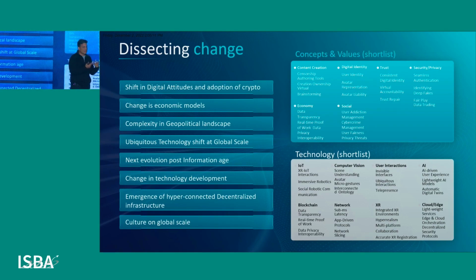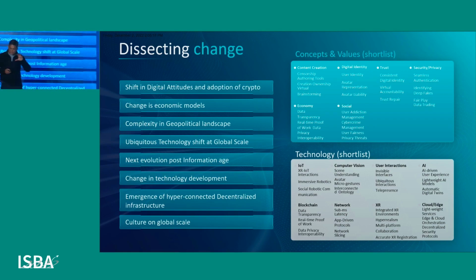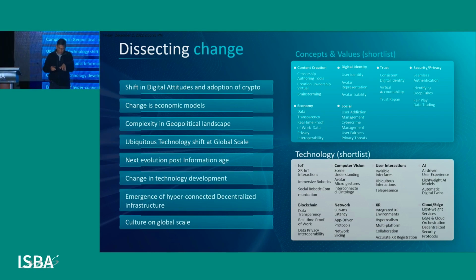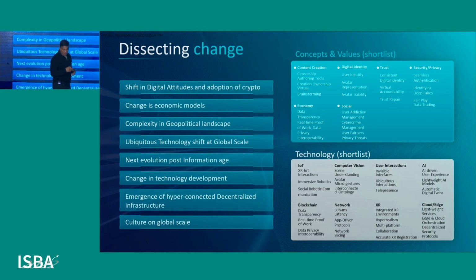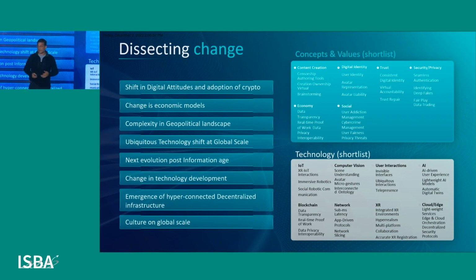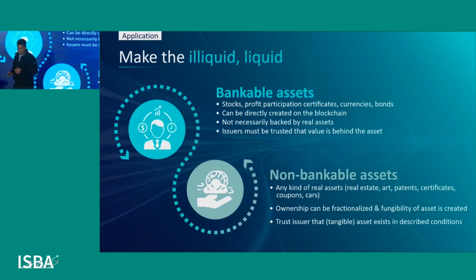So that's driving some of these changes, along with the complex geopolitical landscapes that go with it. And then you have the technology, which again I shortlisted a few things that are happening in support of that industry. And then you have the concepts and values that are shifting around identity, around how we value our information, as to what is our value system as the new demographics take shape, changing that whole model.